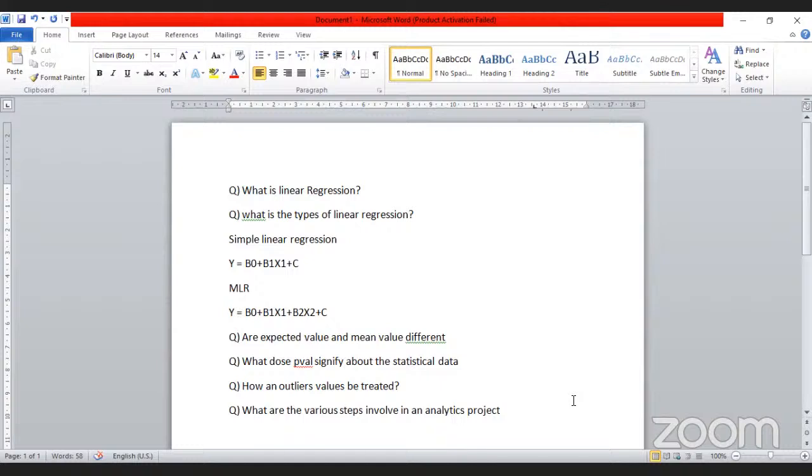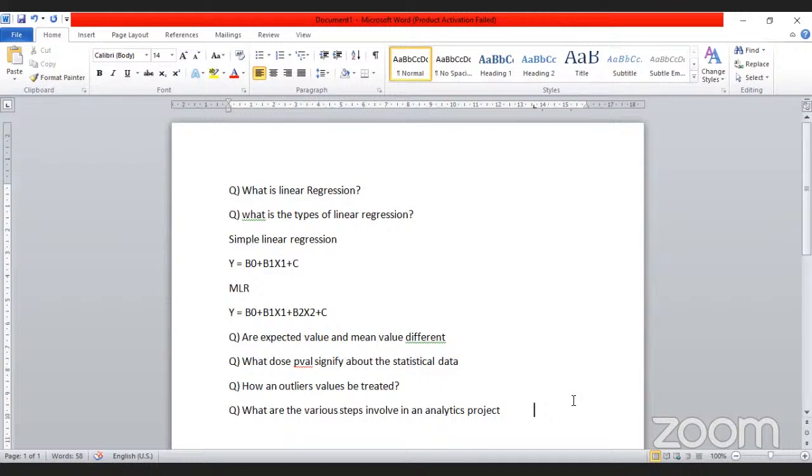There are 6 steps of analytics. Or if you want to solve a business problem, there are 6 steps.